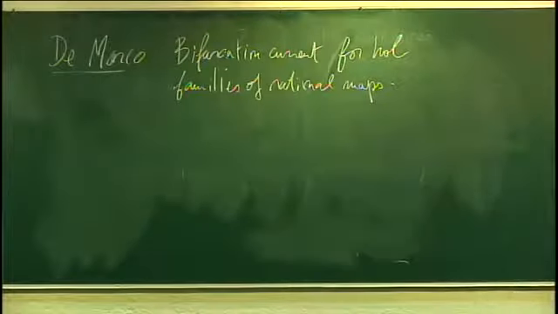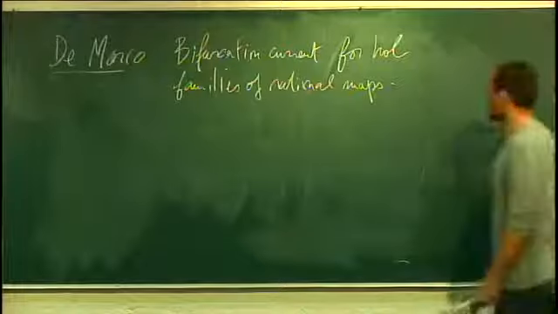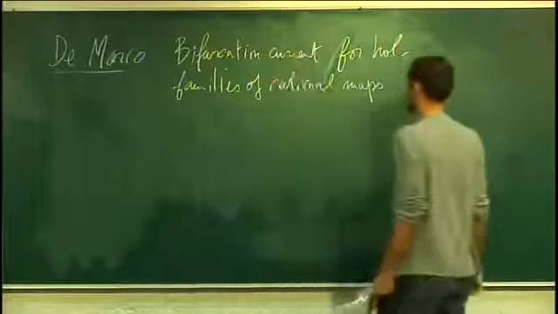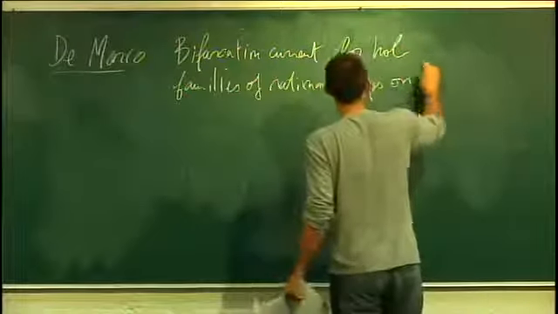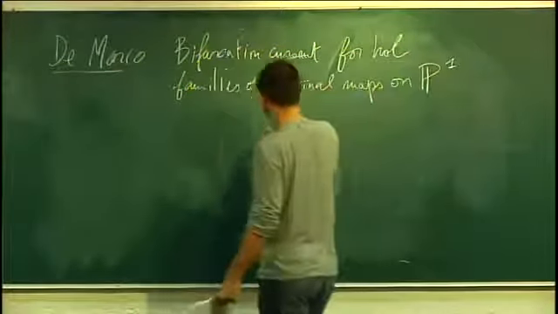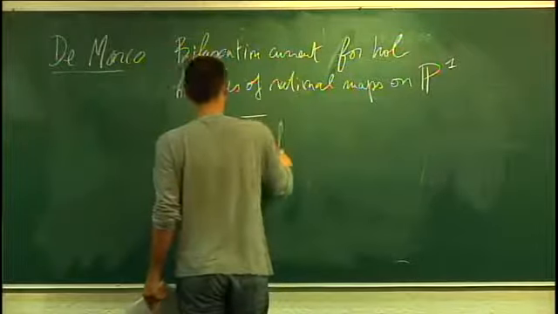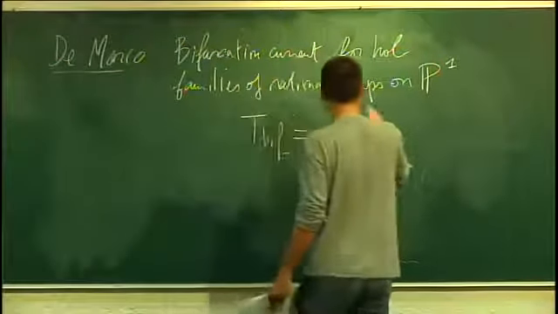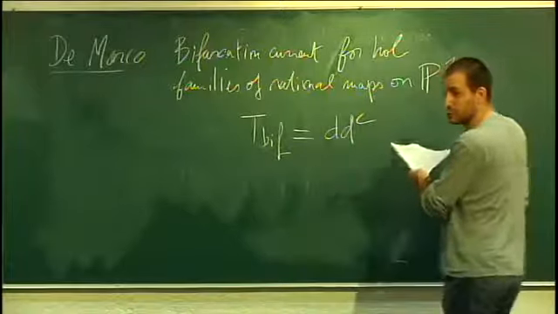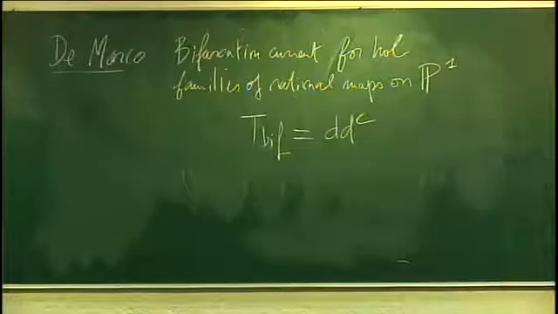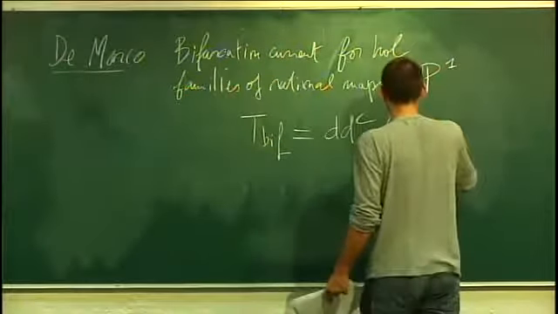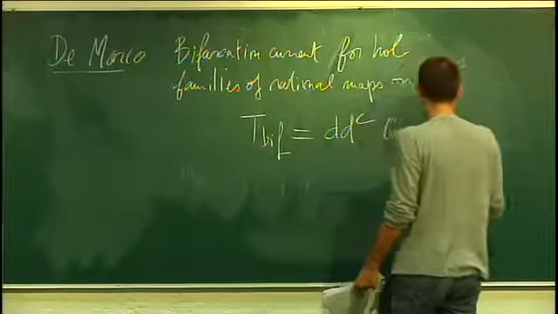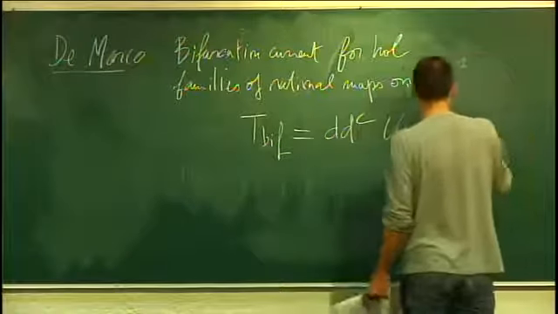And this bifurcation current, for those who know a bit about the dynamics of rational maps on P1, is also, in this context, the ddc, so the Laplacian, of the Lyapunov exponent of the measure of maximal entropy for that rational map. This is also the ddc of the Lyapunov exponent for a canonical, important measure.